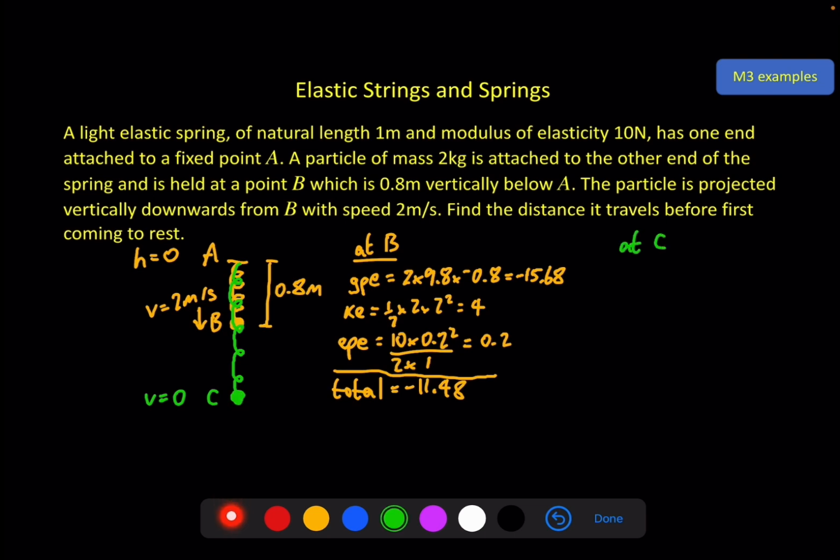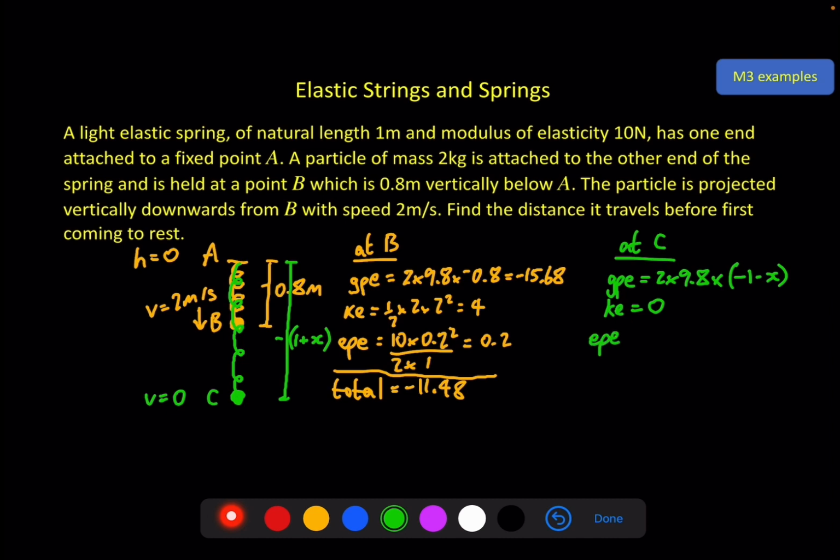At C, then, we've got GPE, mass times 9.8 times the height. Now we need to consider the height here. All the way down here, we've got the natural length of the spring, which is 1, plus the extension. And although I didn't put the negative on there, which I should have done, this also is negative. So we've got minus 1 minus x here for the height. The kinetic energy here is 0 because the speed is 0.